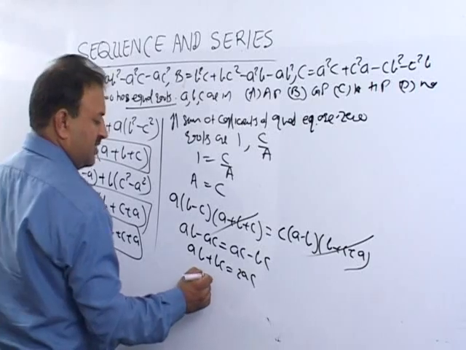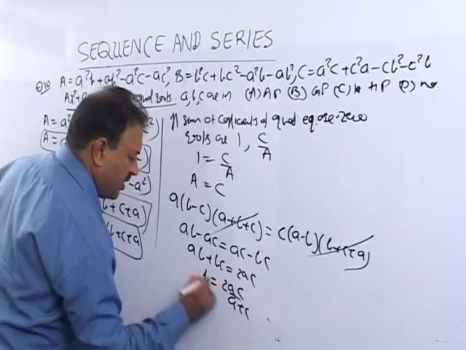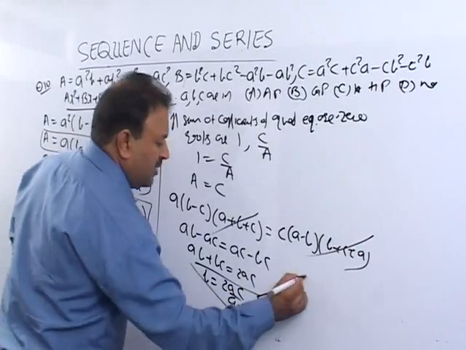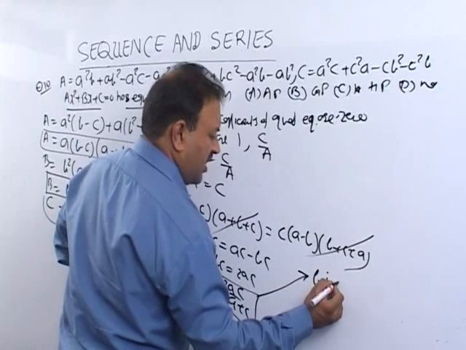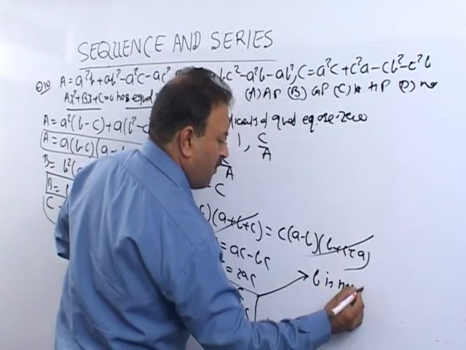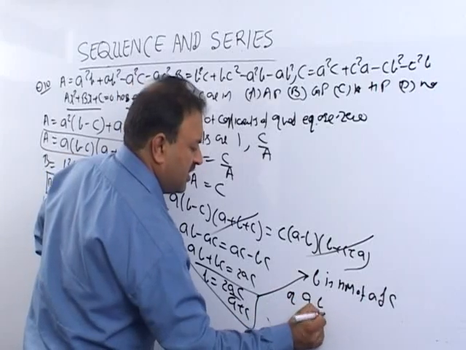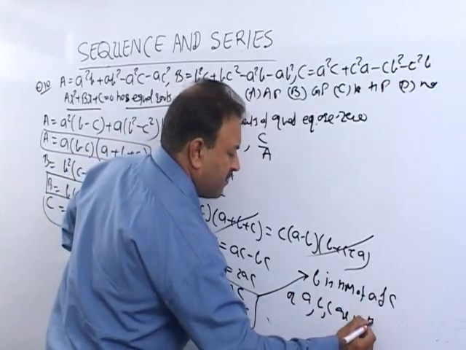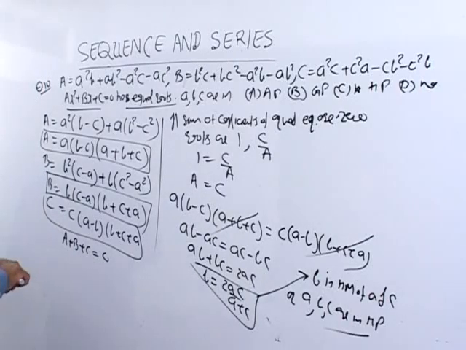I can say B is equal to 2AC upon A plus C. Clearly, B is the harmonic mean of A and C, or A, B, C are in HP. Once again, look carefully.